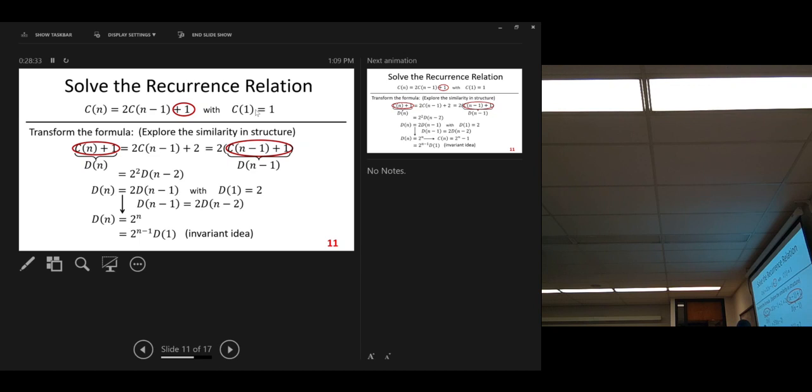When we reach the bottom, exponent n minus 1, and because the sum should be n, here the size is 1. Size 1 plus exponent n minus 1, the sum is n, invariant. We use that invariant to guide us.